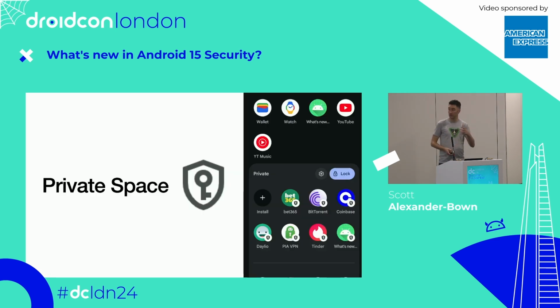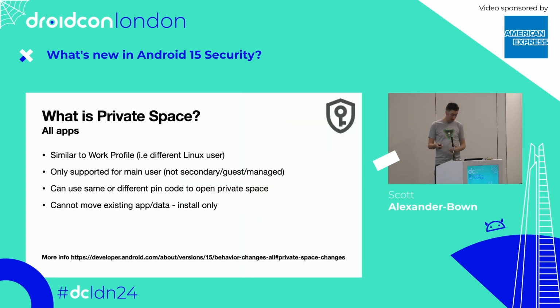So when you see the install button here, that launches the Google Play Store to install it, it's a separate install. Even if you have that app already installed, I say there's no way of moving it. That's something I kind of missed when Google first announced it. There's no moving between them.